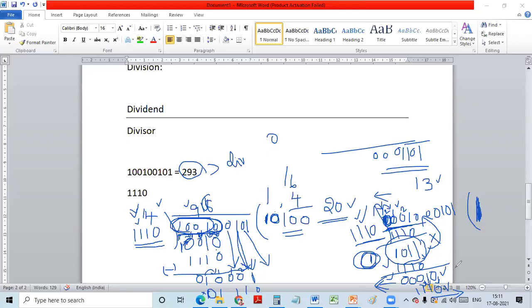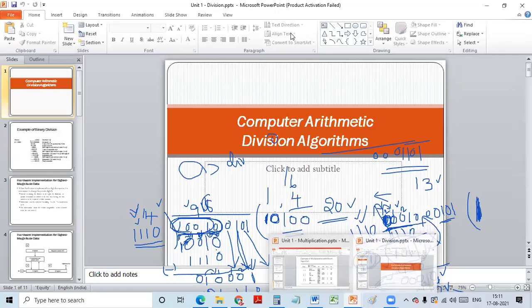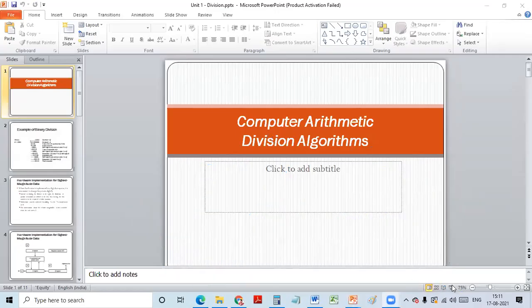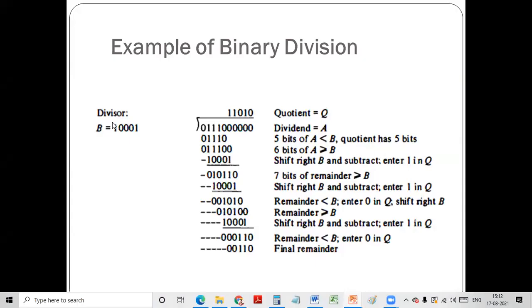This procedure has to be continued till you cover the total number of bits in your dividend. So we'll see the algorithm now. This is how the division is happening, this is the dividend and this is the divisor.